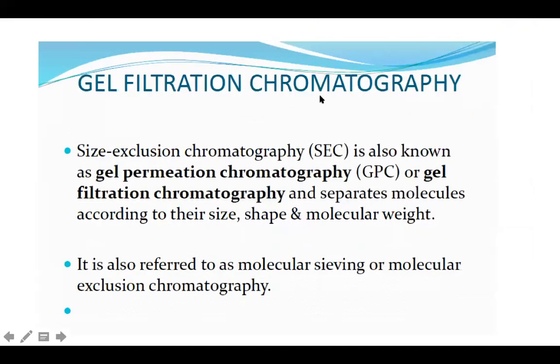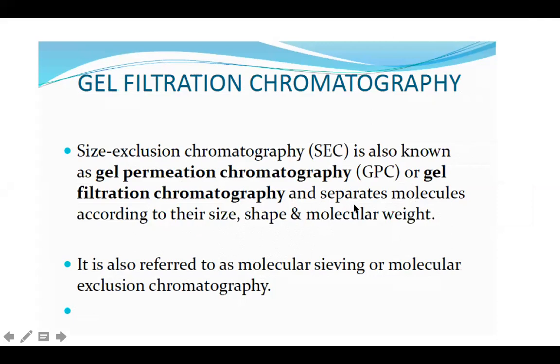Gel filtration chromatography is another important chromatographic method. Gel filtration or gel permeation chromatography is also called size exclusion chromatography, and it separates molecules according to their size, shape, and molecular weight.